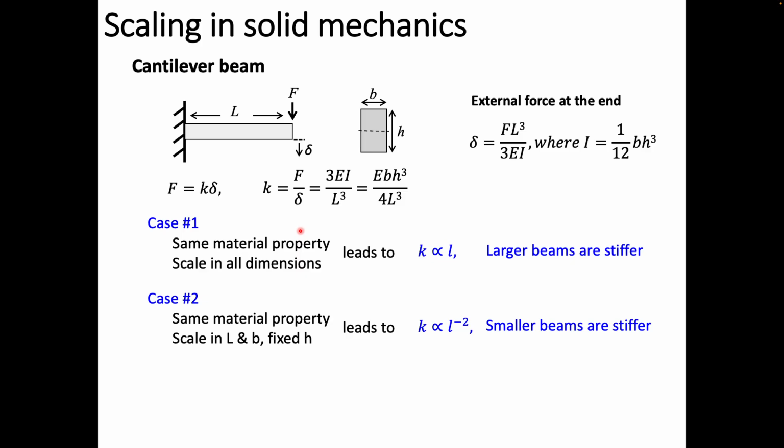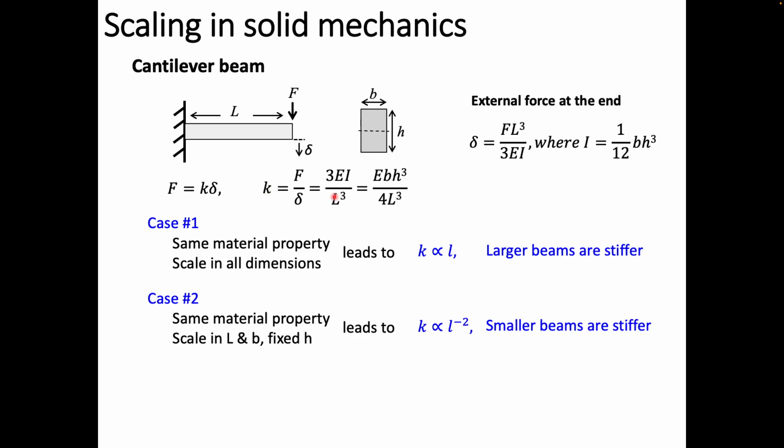If you want to get this stiffness, you look at the appendix of the solid mechanics textbook. It has various examples and all the expressions for spring constant, bending moment, etc. With that, you can obtain this K.